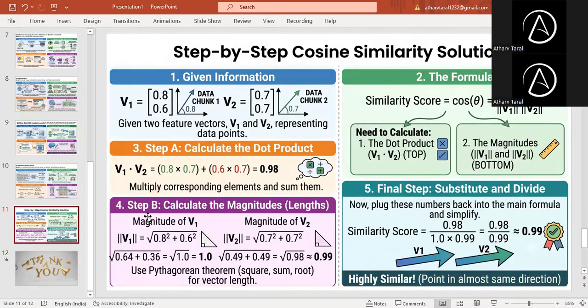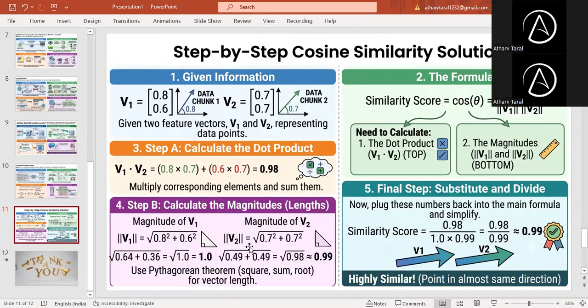Go to step 4. Calculate the magnitude, the length, for this formula. Magnitude of vector 1: I am using the Pythagoras theorem, square root of the sum of squares, for the vector length. So 0.8 squared is 0.64 and 0.6 squared is 0.36. Adding these, we get the square root of 1.0, which is nothing but 1.0.